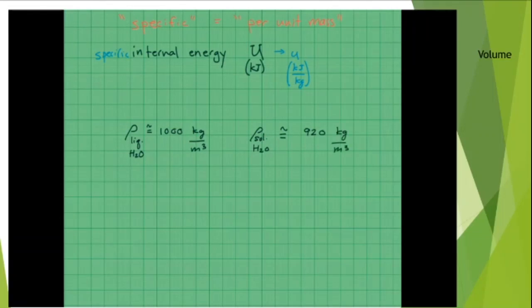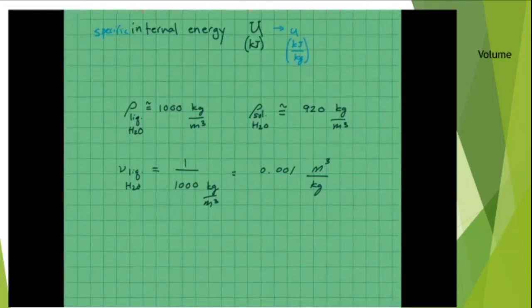And so if I want to determine the specific volume of liquid water, then all I have to do is divide by the density. So 1 over 1,000 kilograms per meter cubed. So this gives me 0.001, and the units get flipped, so I have meters cubed per kilogram.